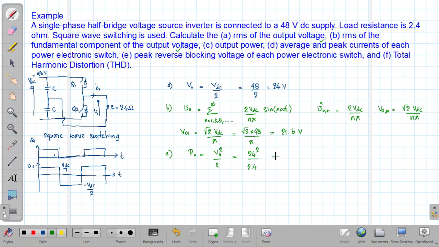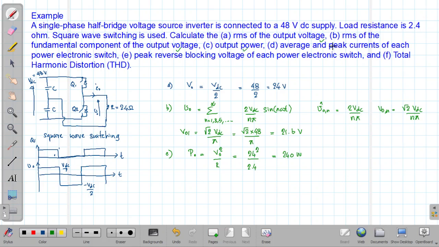So 24 squared divided by 2.4 is going to be 240 watts. So that's the output power from this inverter. So we calculated this one.